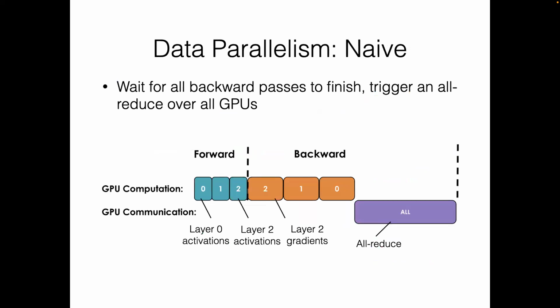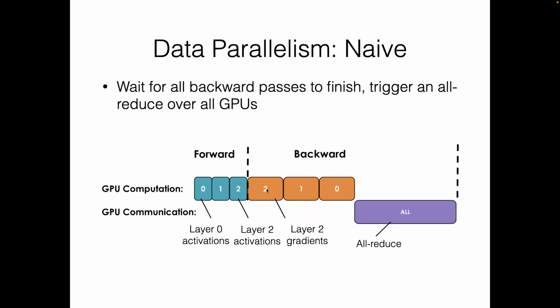So it turns out that you can actually think about how to do this and even improve it. Here is the most basic way of doing this. You can do the forward pass. And here this is showing the different layers of the model. Let's say we have 3 layers.